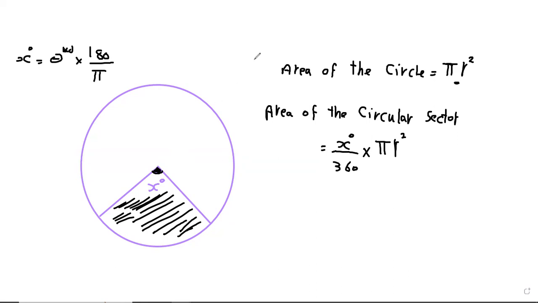And you know that x degrees equals theta radian multiplied by 180 over pi.